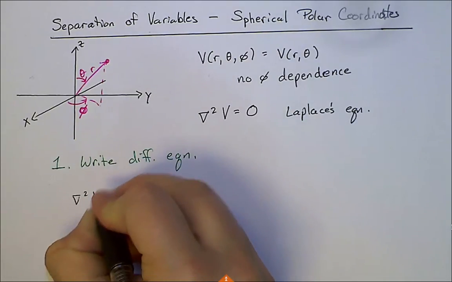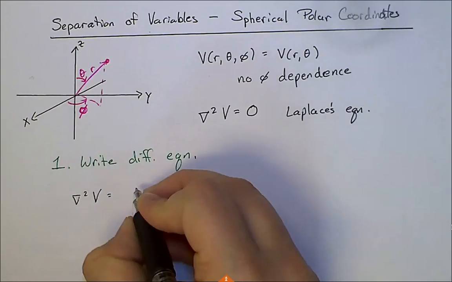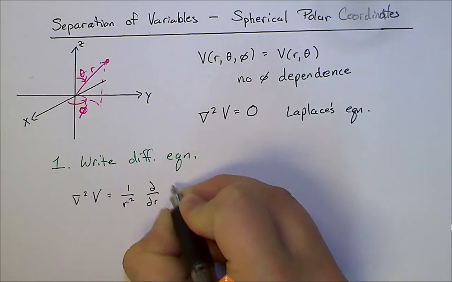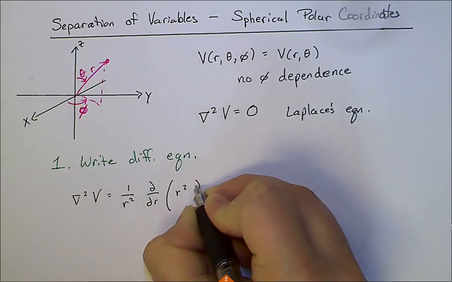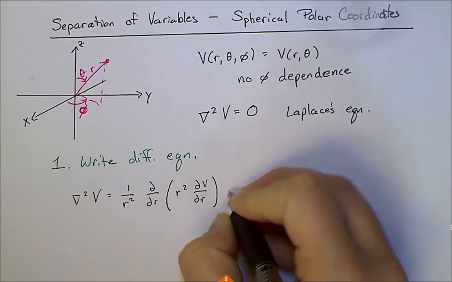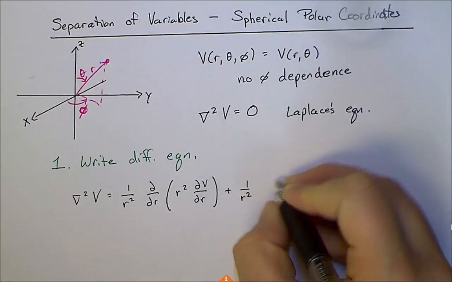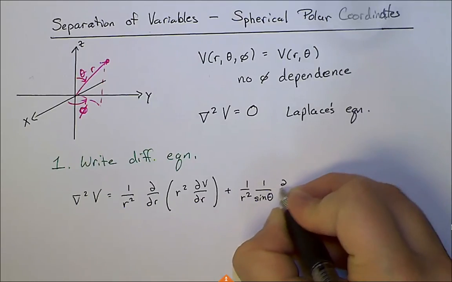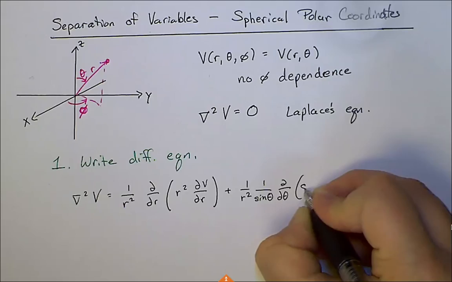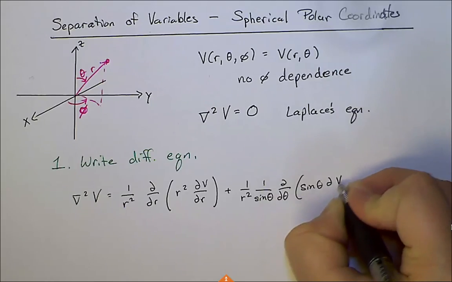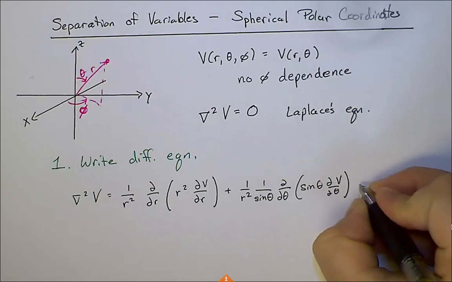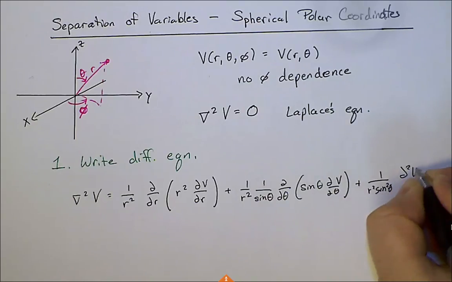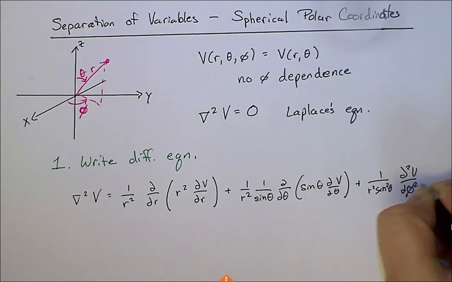So the Laplacian of V, if you look in the front cover of your book, you will see that that's 1 over r squared, the partial with respect to r, of r squared, the partial of V with respect to r, plus 1 over r squared sine theta, partial with respect to theta, of sine theta, the partial of V with respect to theta, plus 1 over r squared sine squared theta, second partial of V with respect to phi squared.